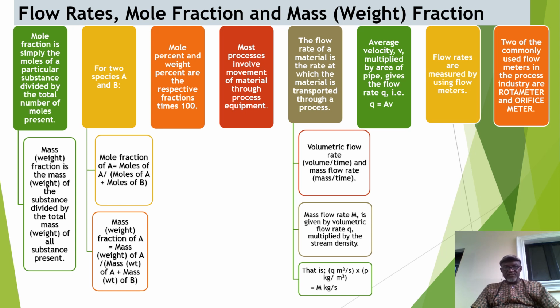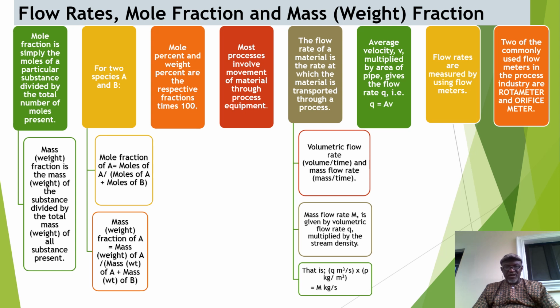Mass flow rate is given by volumetric flow rate Q multiplied by the stream density. Remember, density is mass per unit volume. So the mass flow rate will be equal to the volumetric flow rate, which is Q in meter cube per second, multiplied by density in kilogram per meter cube.